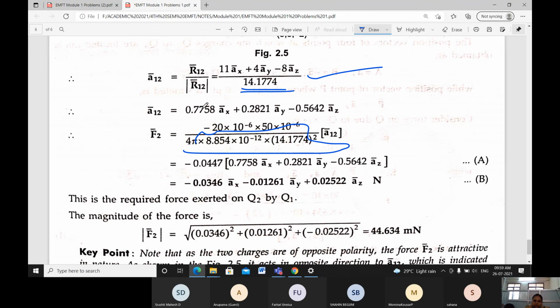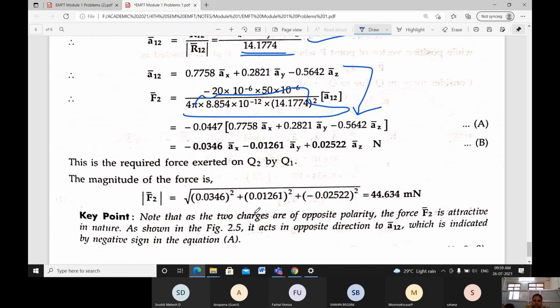Then A12 is the same thing you substitute here. Then multiply the equations, and you will get minus 0.0346 ax minus 0.01261 ay plus 0.02522 az newtons. This is the force required, on Q2 by Q1.